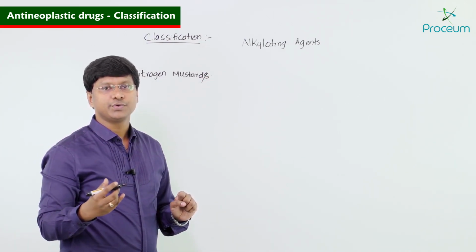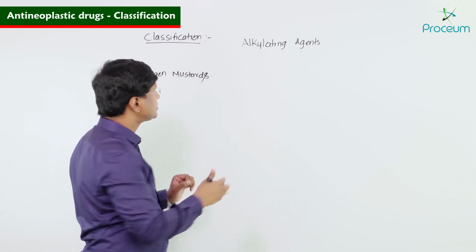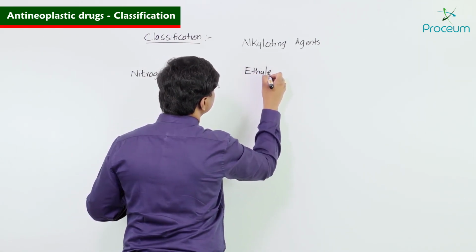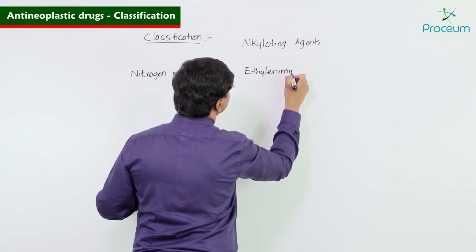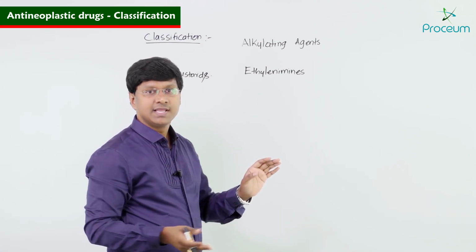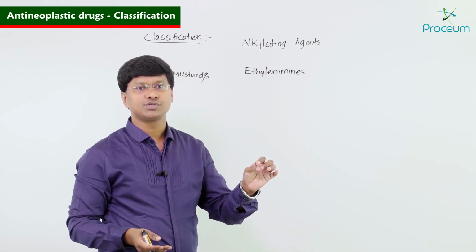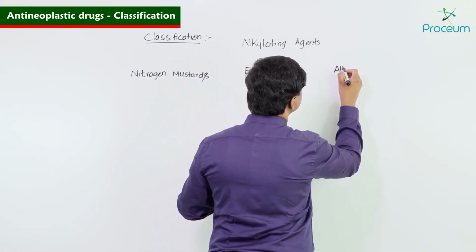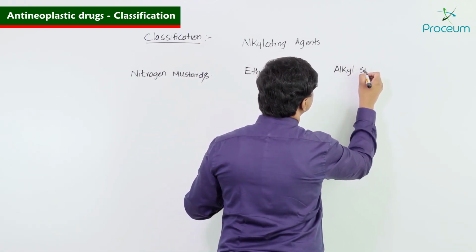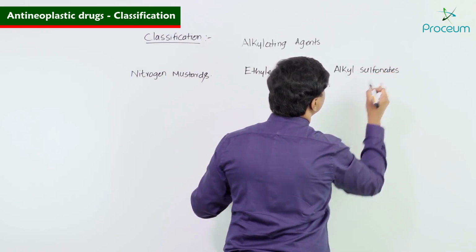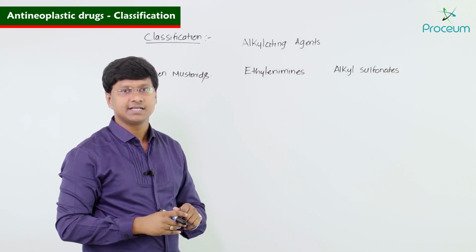The next group you have is ethyleniamines. And the next group is alkyl sulfonates.